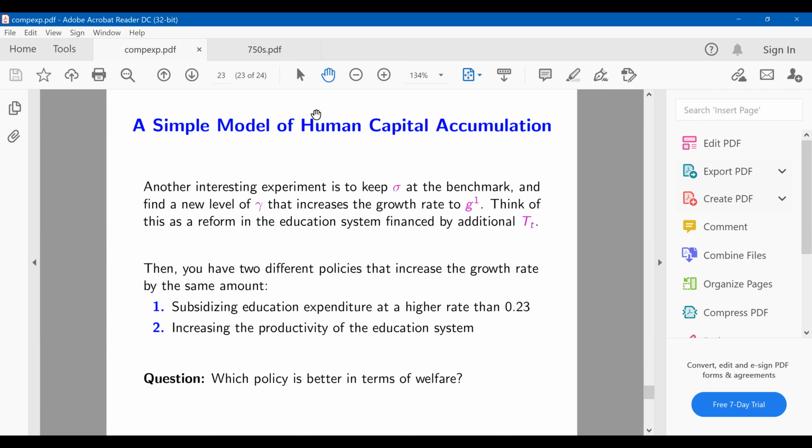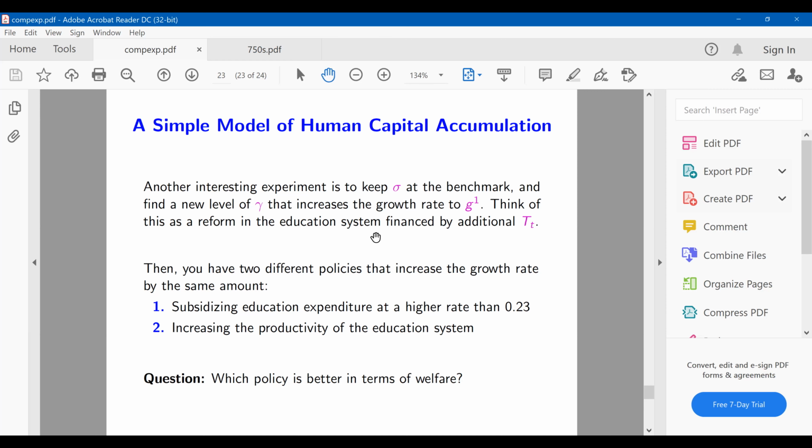One other experiment. After the slides, we can actually do that in MATLAB. I'm going to show you some steps. So maybe we can also keep sigma at the benchmark, sigma at 23%. But imagine this.